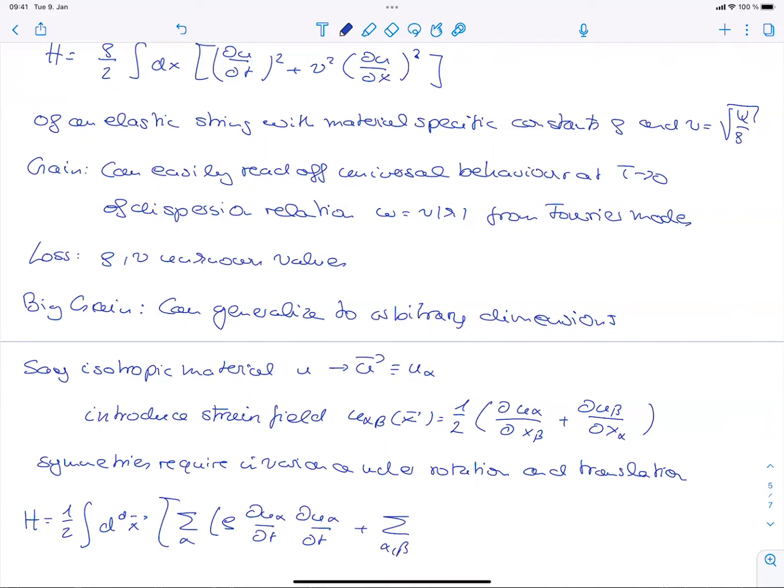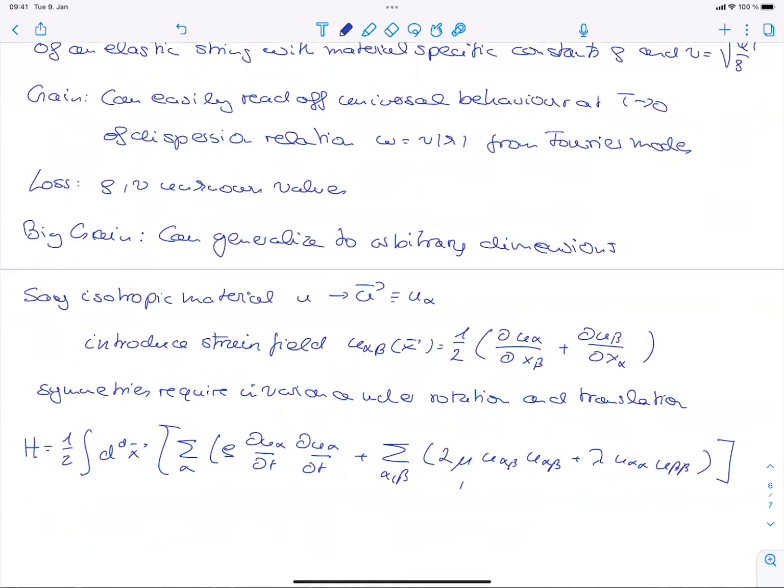and now here summing over these derivatives. So this is just an example that I can write this from the principles.